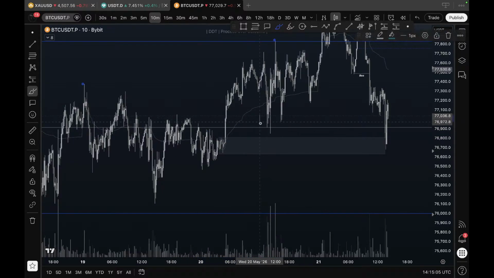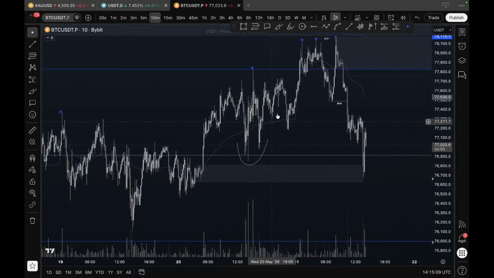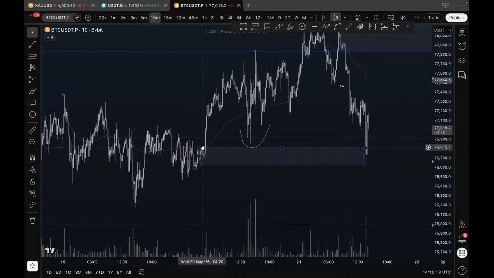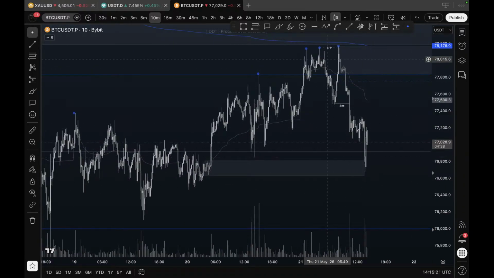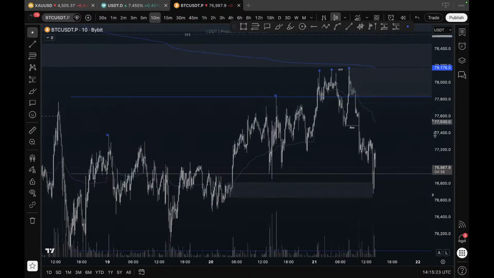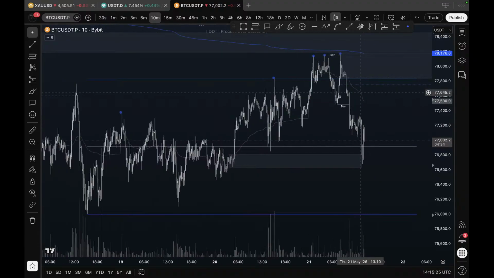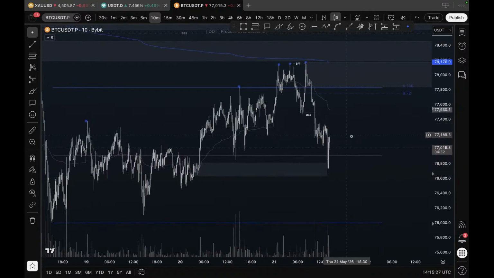You can see that yesterday the buyer indeed defended it, because from here we made just a higher low into new higher highs. And this is the lowest demand, basically the key demand for the buyer. And right now we are bouncing again from it. However, it looks pretty weak. And we are at mid-range, so basically for me, nothing to do.